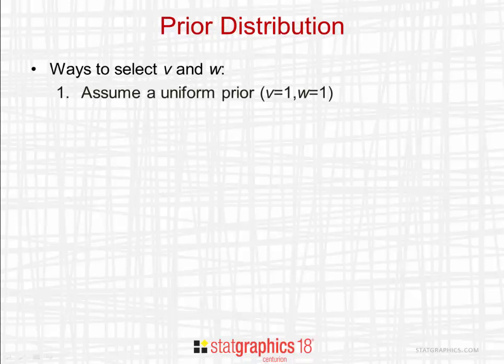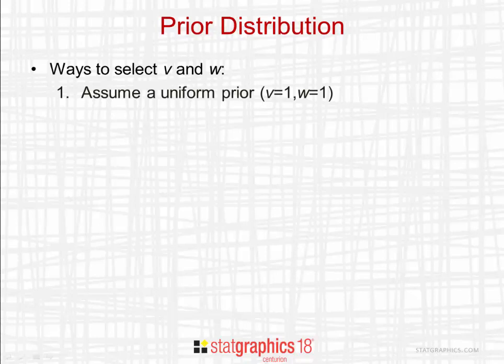In order to use Bayesian methods to estimate the proportion of nonconforming items, we need to select our prior distribution. In the case of the beta distribution, that means picking the values of v and w. One way of doing that is to assume that all values of theta are equally likely prior to gathering our data.